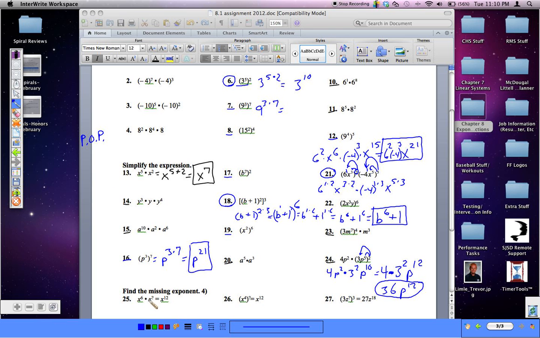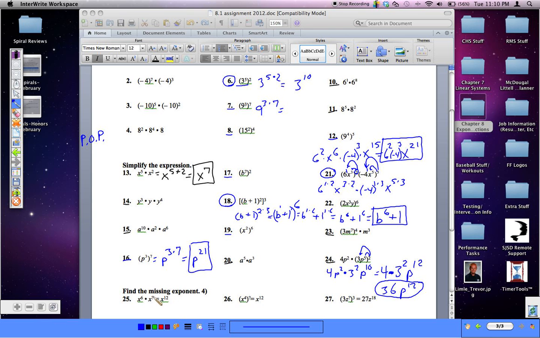When you get down here to these, since it's a product of a power, you're trying to find the exponent that would fill in here to make 6 plus whatever that exponent is to make 12.